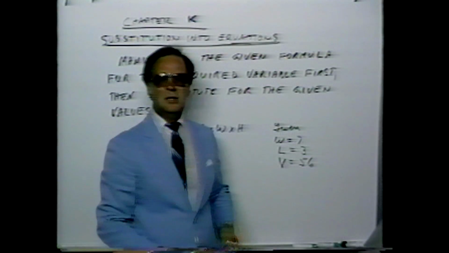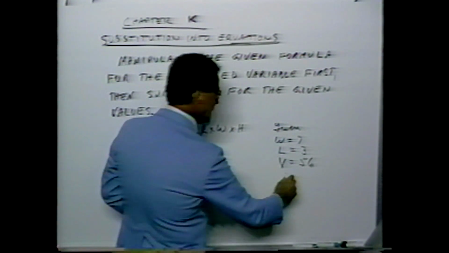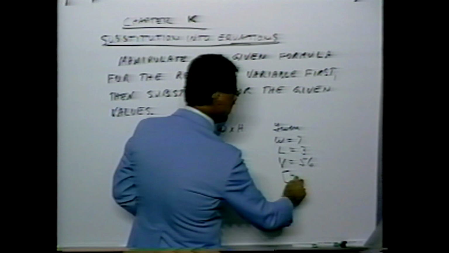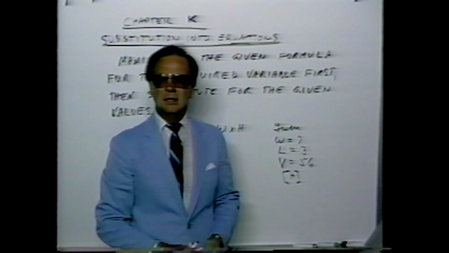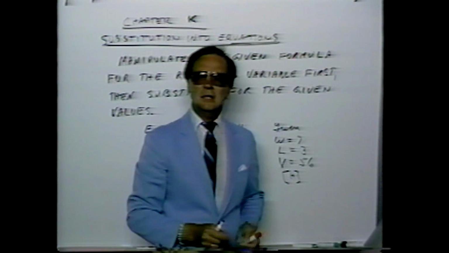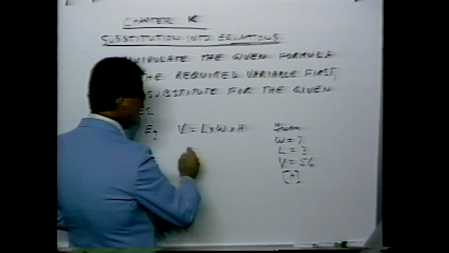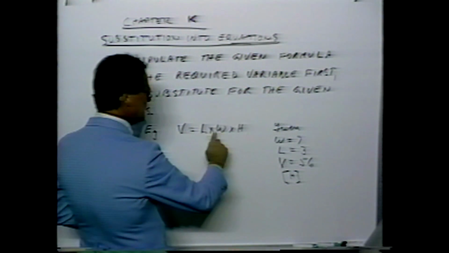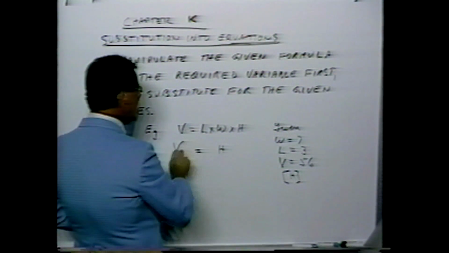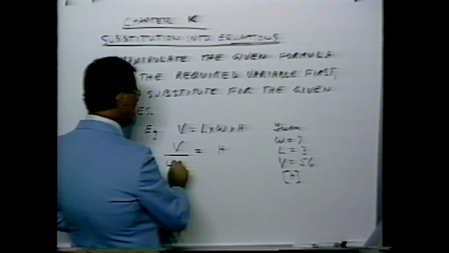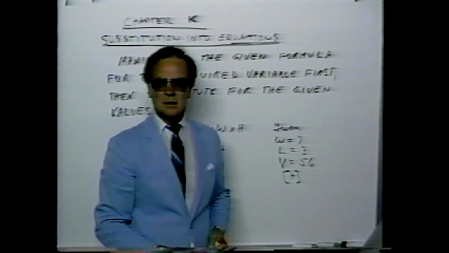As far as the units of measures are concerned, we won't bother with that. And we want to solve for H. The first step should be in solving for H so that it is expressed as a single variable on the left-hand side. If you divide by L times W, you will end up with H by itself. V divided by L times W is then the result that we are after.